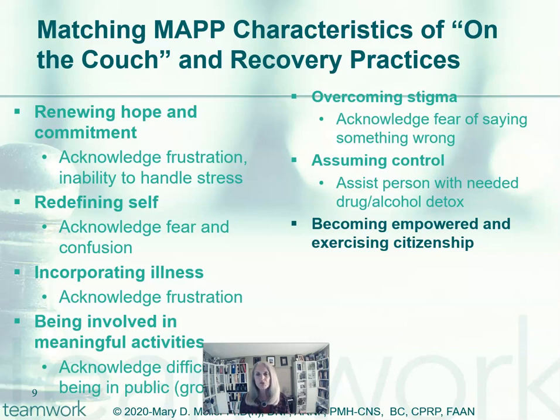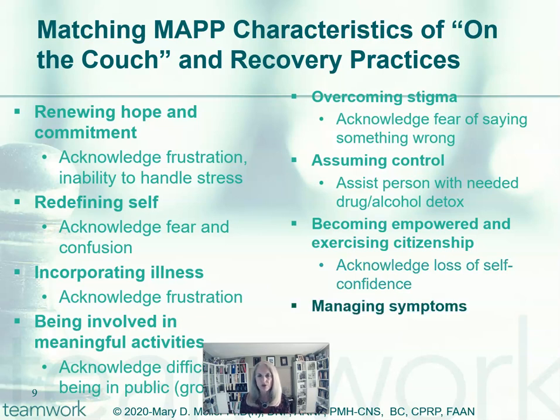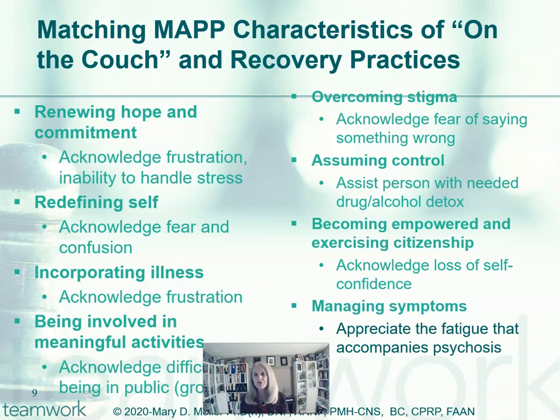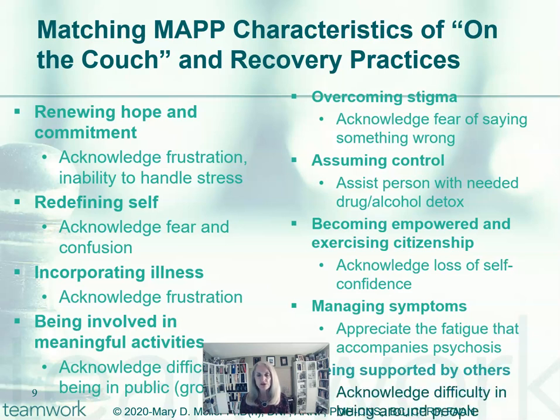And the recovery practice of becoming empowered and exercising citizenship can be achieved by acknowledging the loss of self-confidence and the difficulty in re-engaging with society. Recovery practice of managing symptoms is appreciating the extreme fatigue that accompanies psychosis. And finally, the recovery practice of being supported by others can be achieved by acknowledging difficulty in being around people.